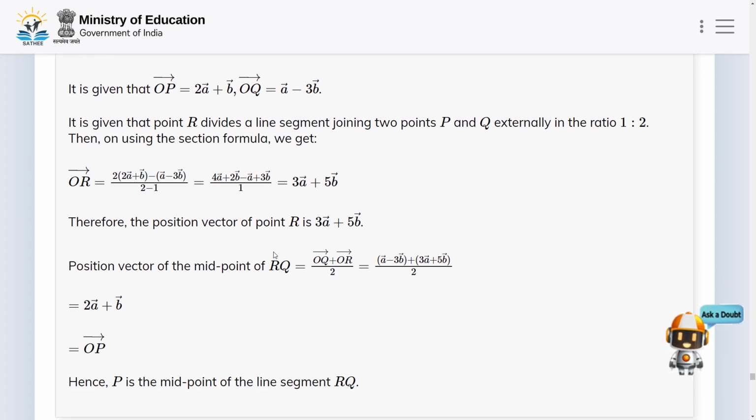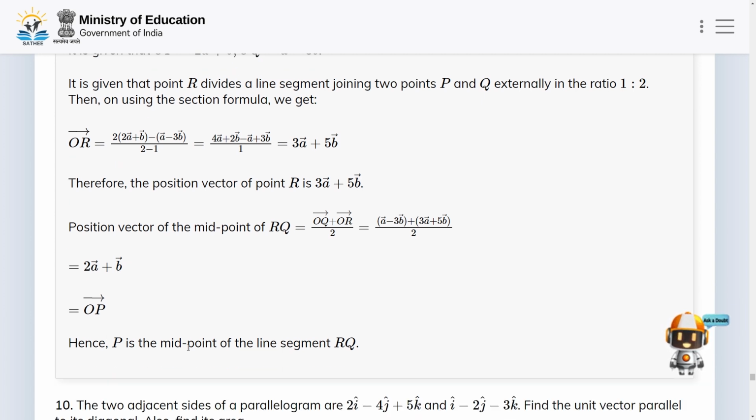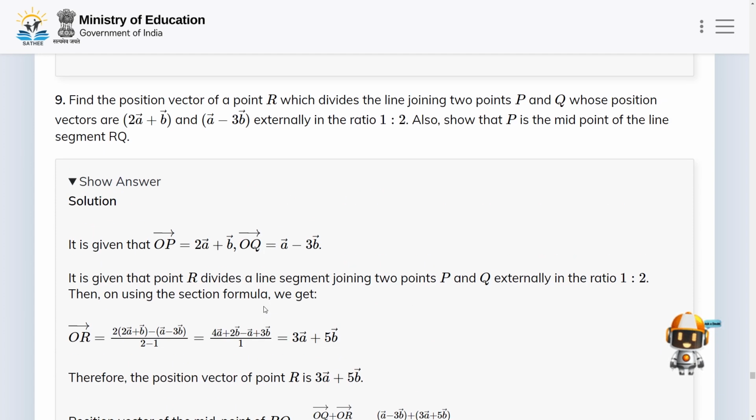Now the position vector of the midpoint of RQ, just using the formula, you will have this. Okay, this means it will be 2a plus b, which is the same as the OP vector. This means P is the midpoint of the line segment RQ. Okay, I hope it is clear to you.